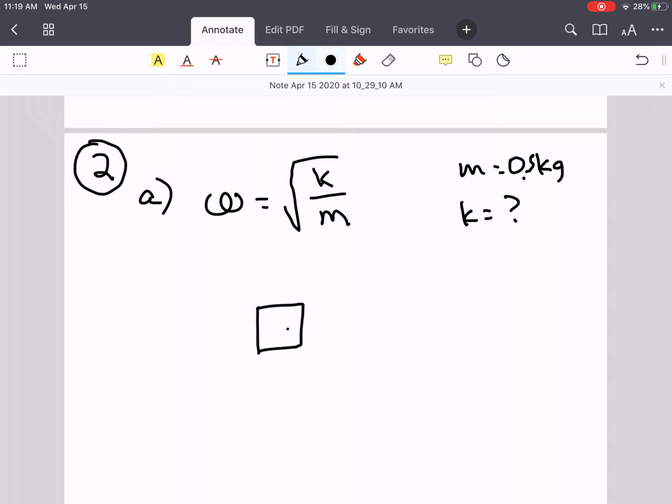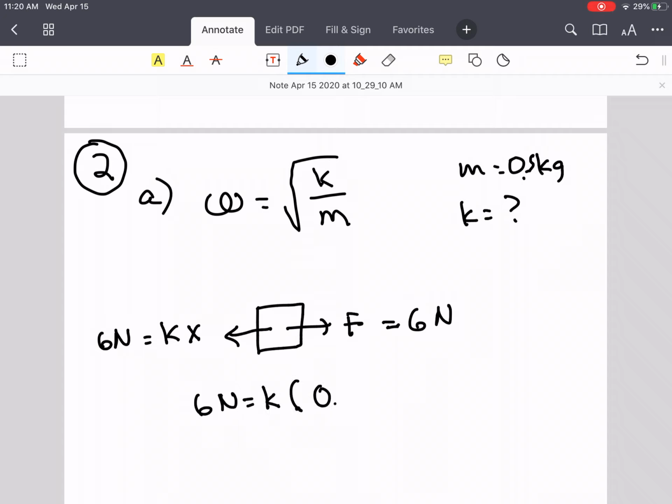I pull on the object with a force which is equal to 6 newtons, and it's in equilibrium, meaning that there is a spring force, K times the amount that I displaced, pulling it to the left, which in equilibrium we know is going to be 6 newtons as well. So 6 newtons is equal to K times the amount that I displaced it, which is told to us as 0.03 meters.